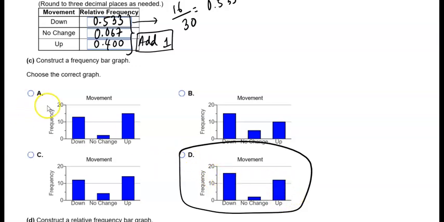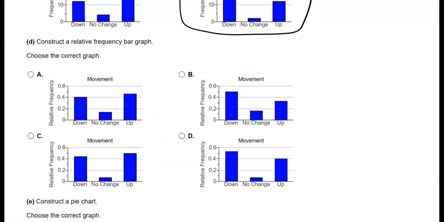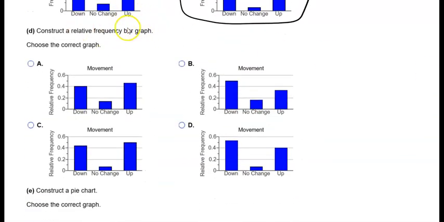So this is the right frequency bar graph. So for the other question, for D, looking for the relative frequency bar graph.